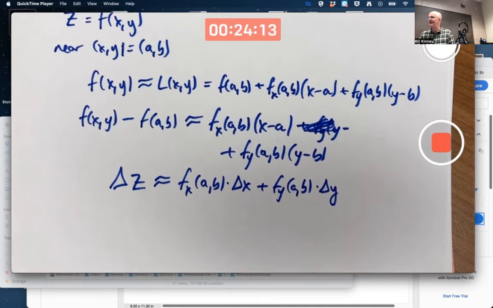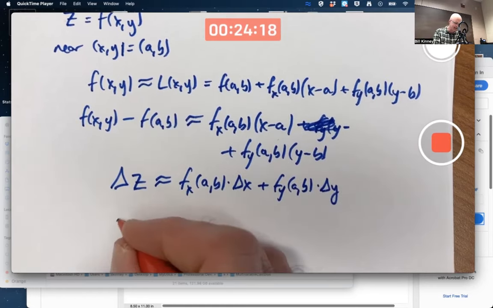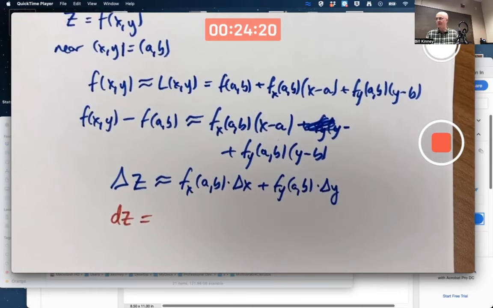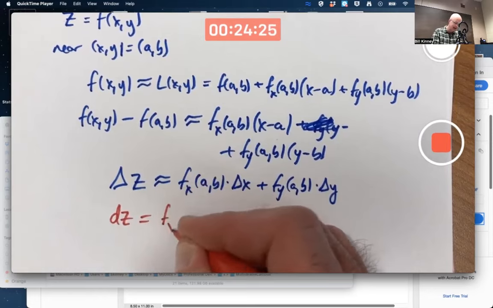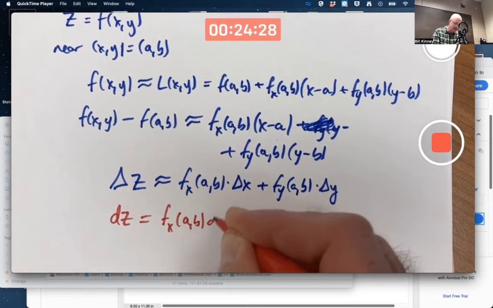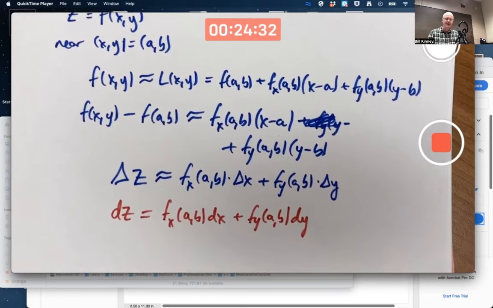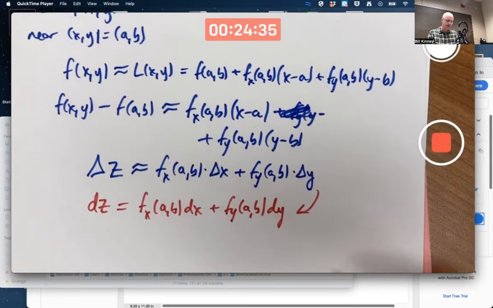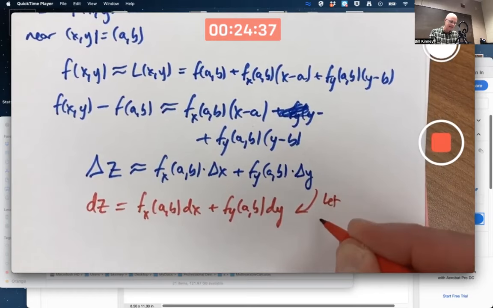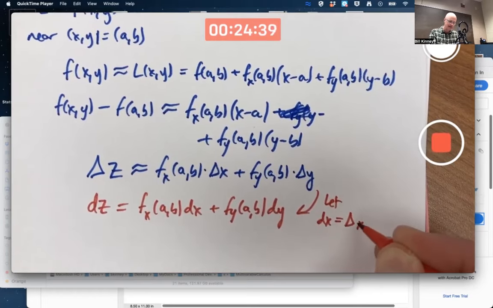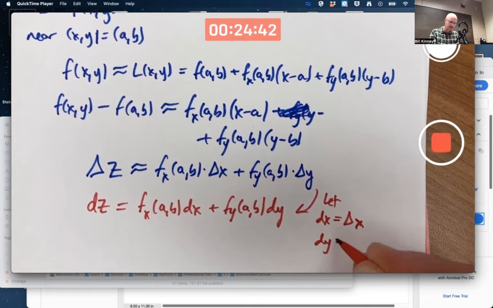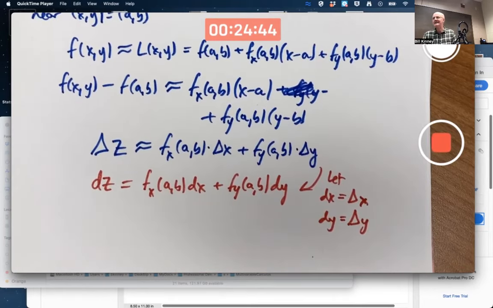And you should feel comfortable thinking about this with the d notation. dz equals, not approximately, equals fxab dx plus fyab dy. Effectively, in going from here to here, we are letting dx be delta x and dy be delta y, but dz is not delta z.